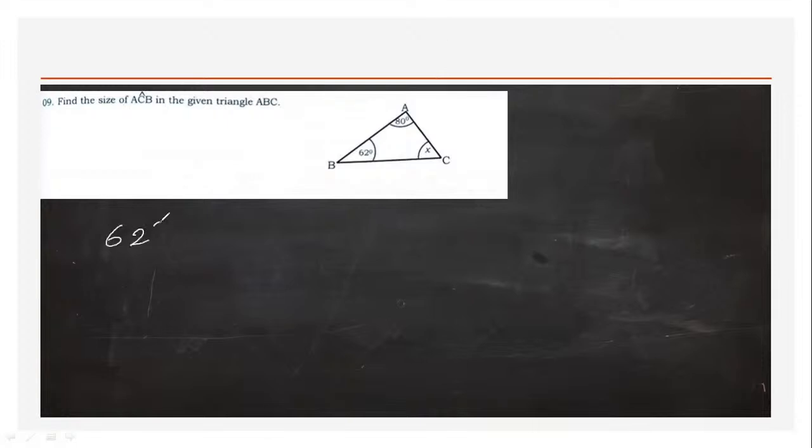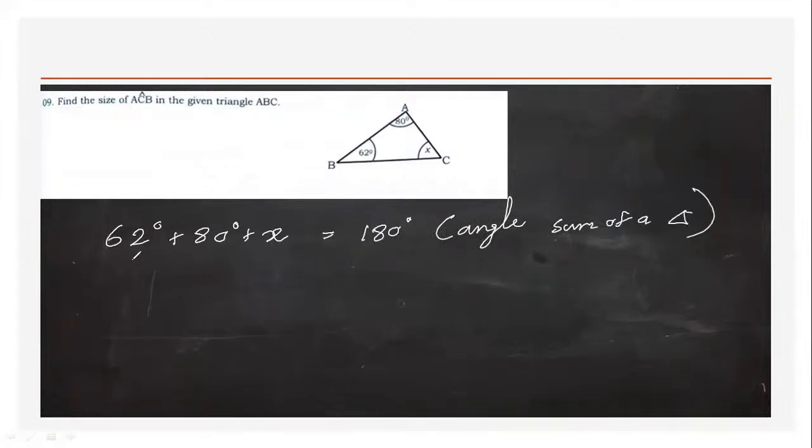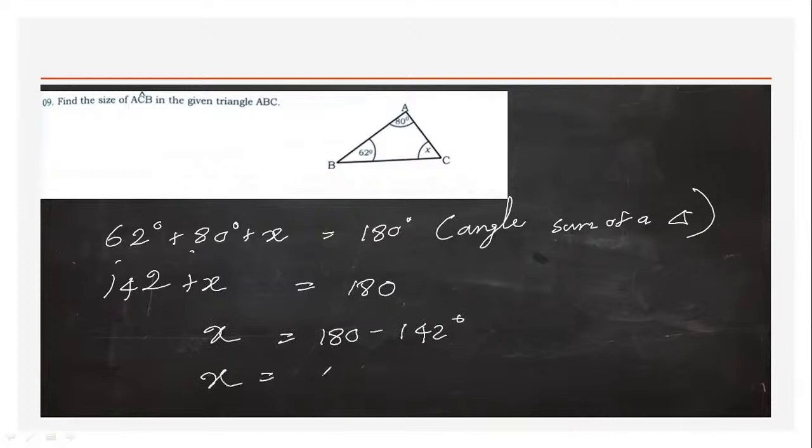So 62 plus 80 plus x equals 180. 62 plus 80 is 142, plus x equals 180. So x equals 180 minus 142, x equals 38.